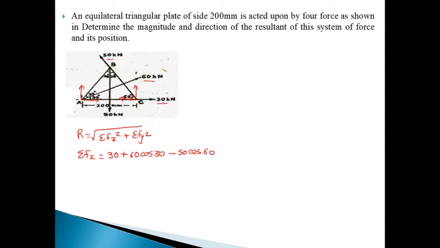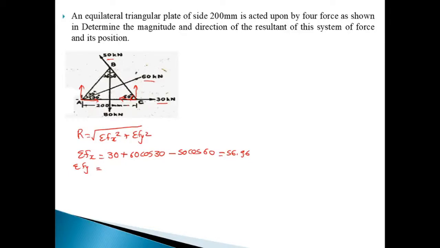Yes, so we considered the three forces, and this 80 Newton force is acting in the vertically downward direction. That's why the x component is 0. So by solving this we get summation Fx is equal to 56.96.